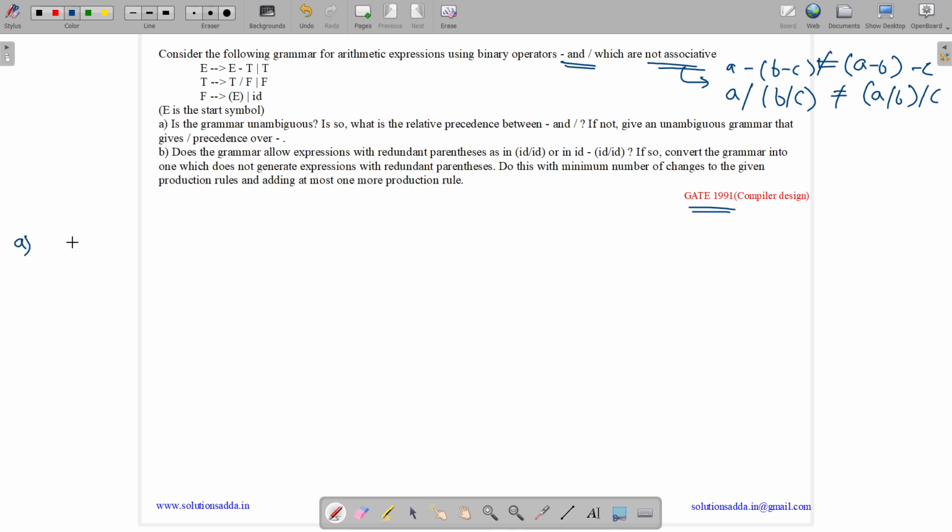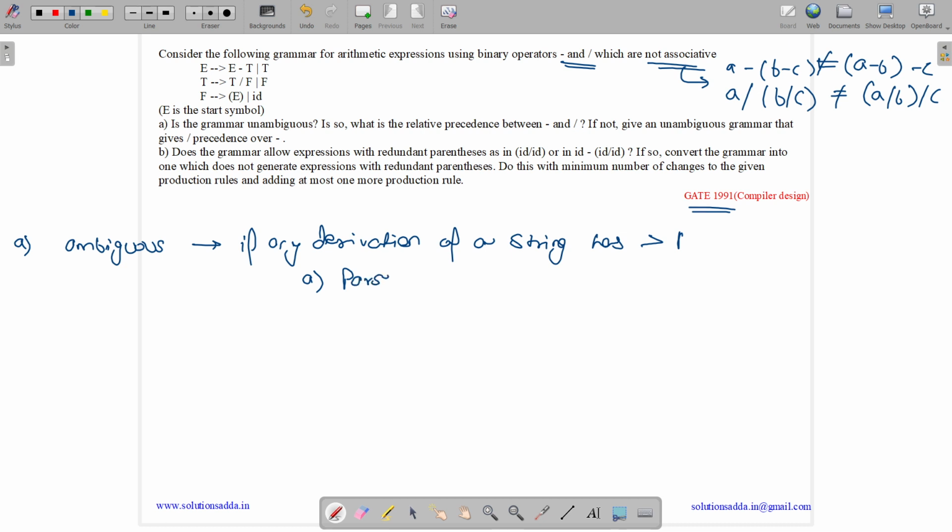Now, when can we say a grammar is ambiguous? A grammar can be said to be ambiguous if any derivation of a string has more than one parse tree, or more than one leftmost derivation, or more than one rightmost derivation.